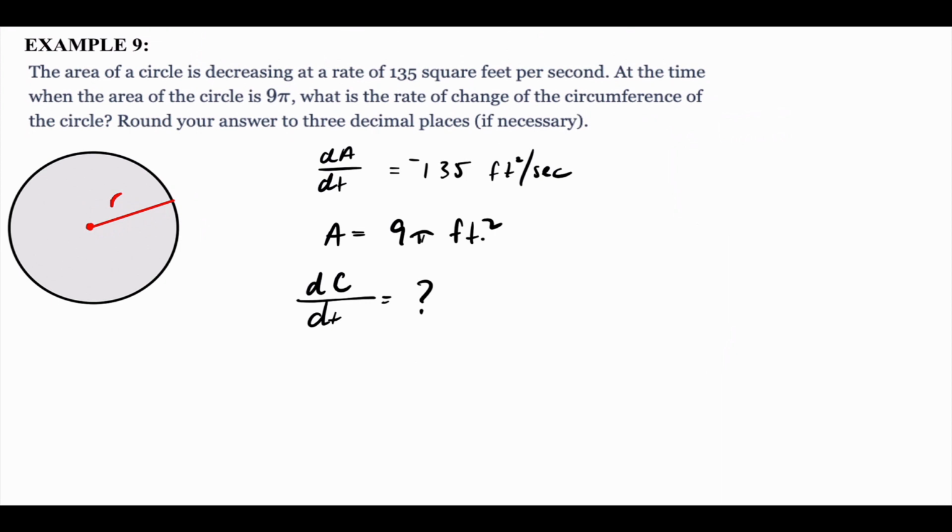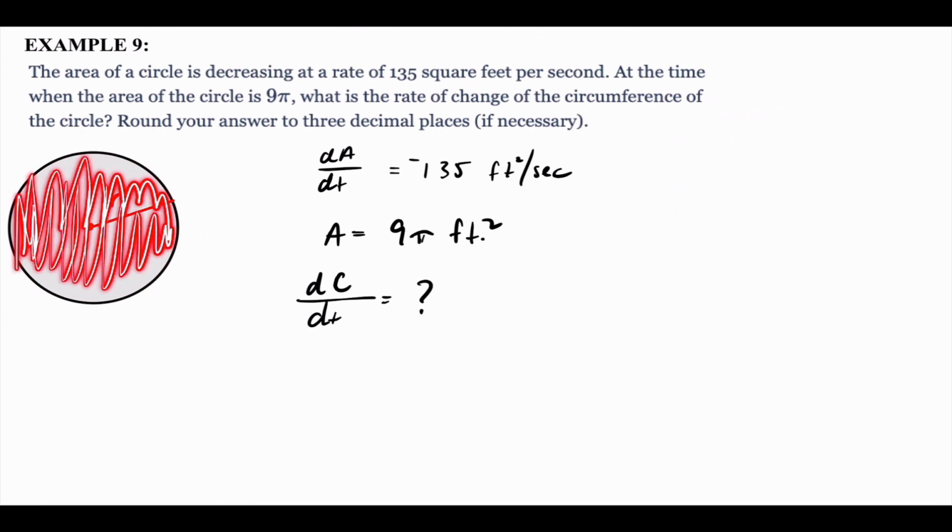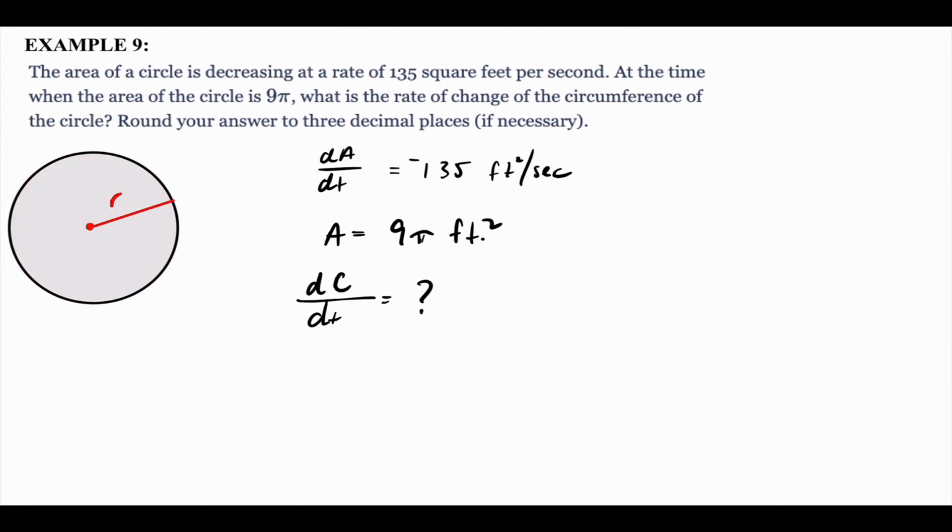So the circumference of a circle is just how far. If I were to walk all the way around this circle, how far would I go? That's what the circumference is, okay? So area is how much paint do I need to paint the inside of the circle? That's area. Circumference is if I walk around. So if I were to walk around the track, that's the circumference of the track.